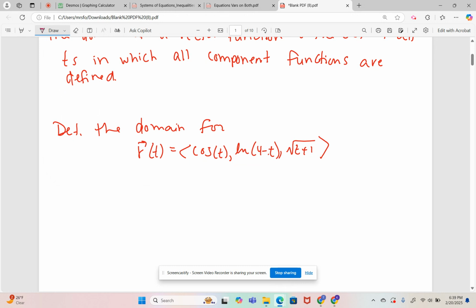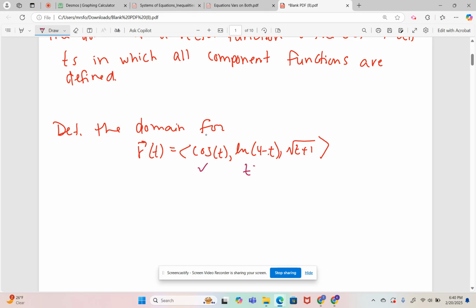That's good. The second component, so for the first one, we're good. For the second one, we know the natural log, we can only take the natural log of positive numbers.